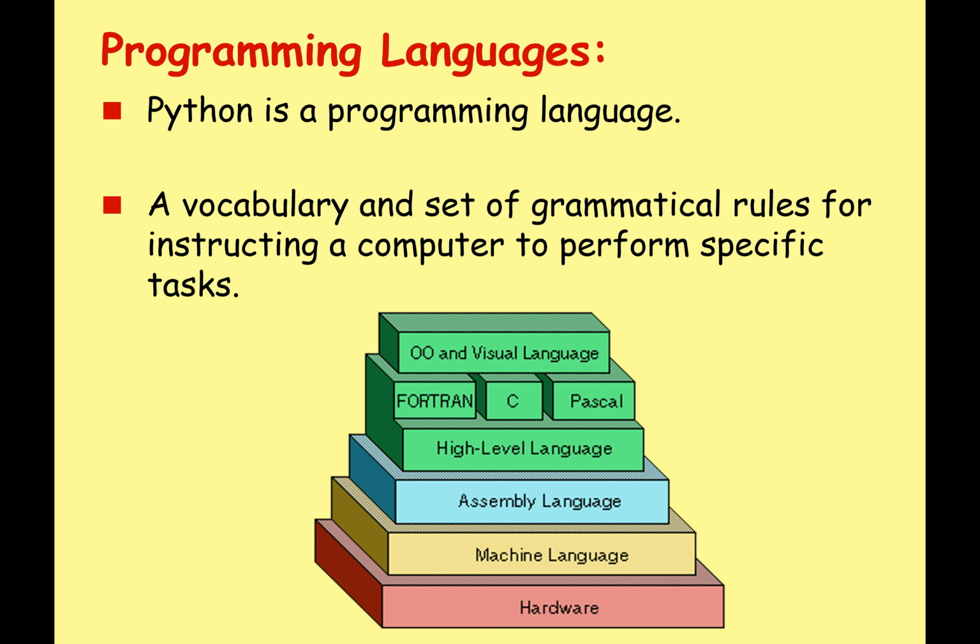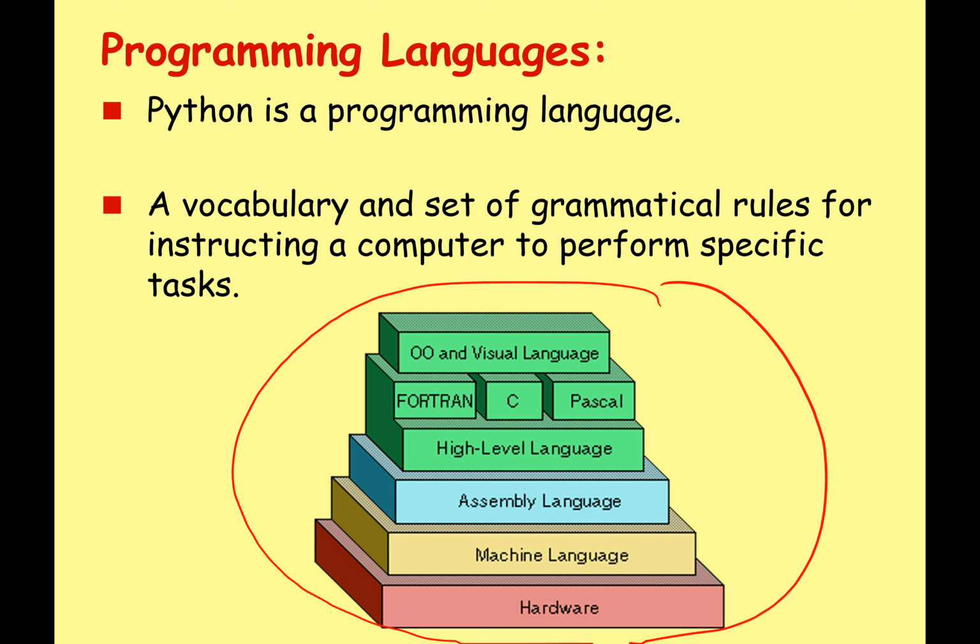So Python is a programming language. What is a programming language? Well, it's a vocabulary and set of grammatical rules for instructing a computer to perform a specific task. If we have a look at this little diagram here, down the bottom we've got the actual physical hardware that's inside your computer, all those transistors and circuit gates and things like that.